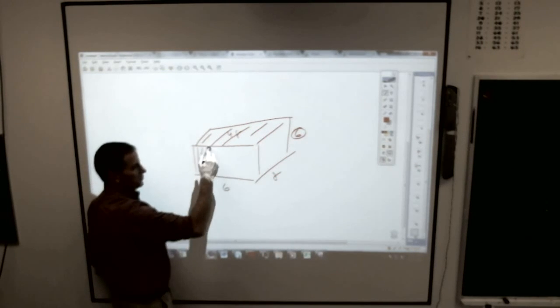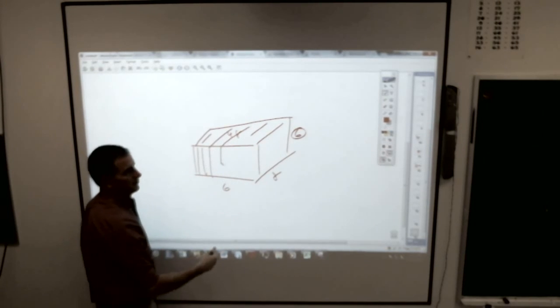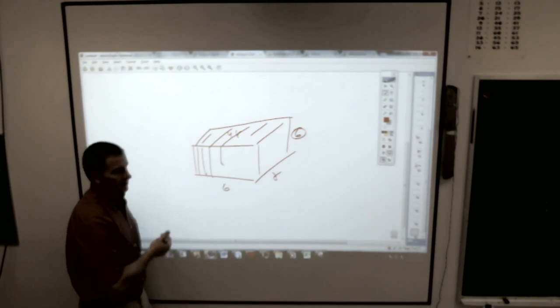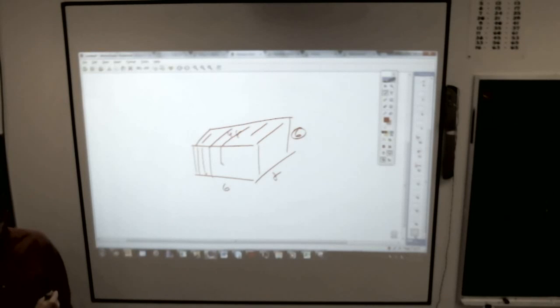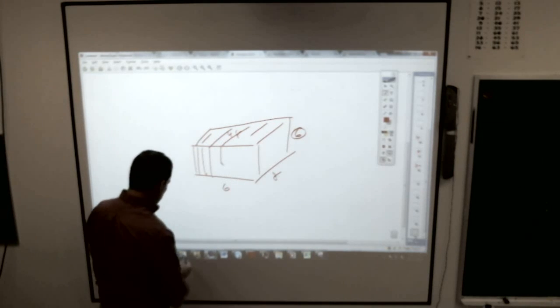If you said this was the base, you're going to multiply 6 times 6 and then multiply it by 8. Either way, you're going to multiply two 6s and an 8, no matter what you do for the base. So rectangular prisms don't matter. But anything else that's a prism, whether it's a hexagonal or a triangular prism, whatever it is, you need to do that whole messy process. Was I pretty clear on that?